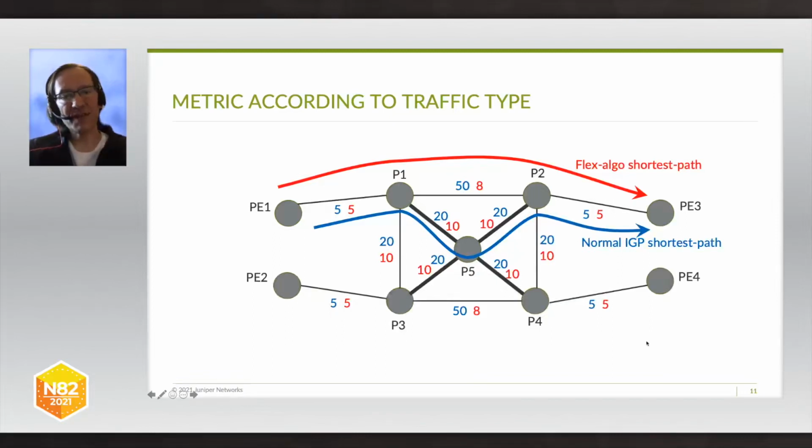And so as you can see, flex algo is giving us this extra degree of freedom, allowing us to map certain traffic to that flex algo such that it can benefit from a different IGP metric setup.